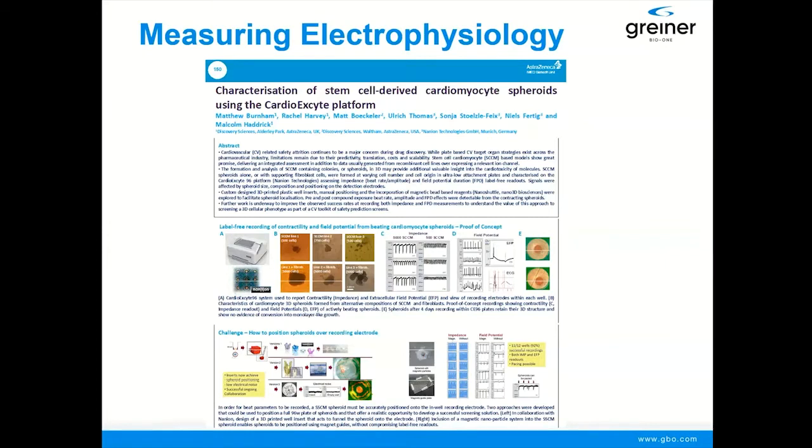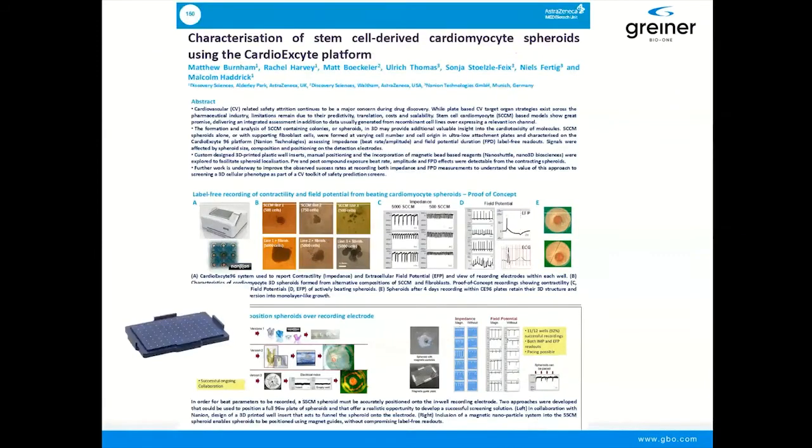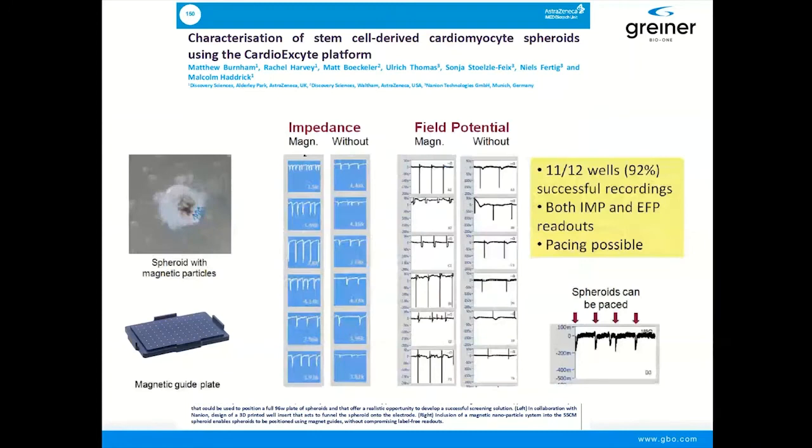So measuring electrophysiology is not trivial with different cells. What AstraZeneca did here is they used the magnets to position the cells on the electrode so they could measure the electrophysiology of cardiomyocytes. And here are the results.